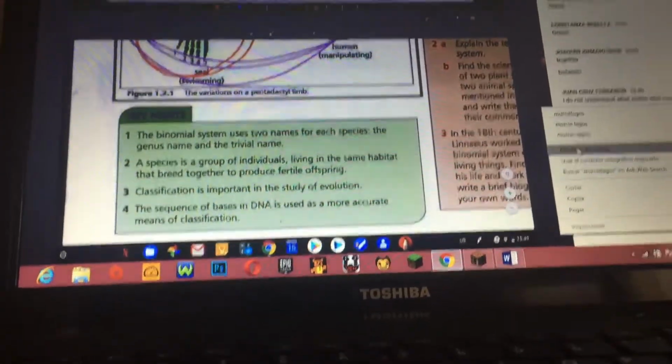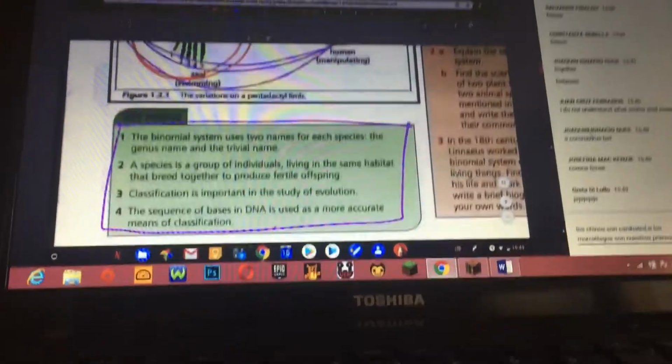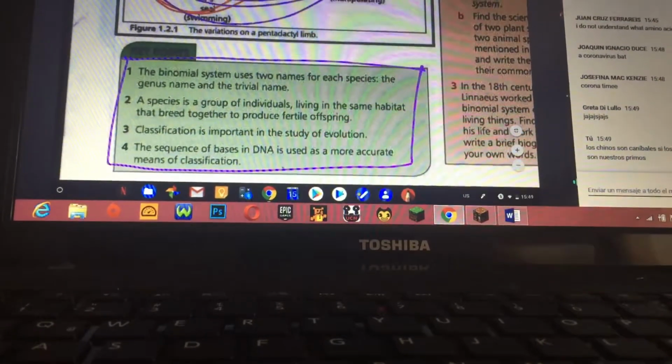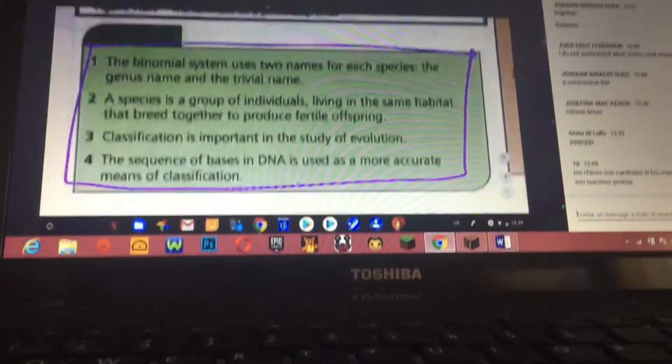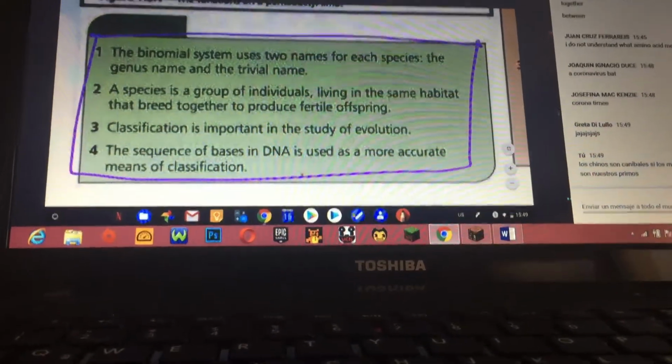I need Lola to pick a volunteer, just randomly, please, to read these sentences. I need somebody to read this sentence. I know, Joaquin. Okay, thank you. Joaquin, could you please turn on your mic and read these sentences? I don't know if he's there.